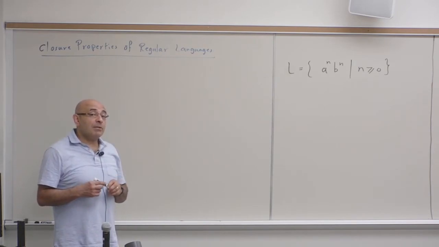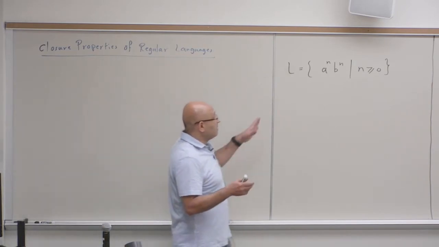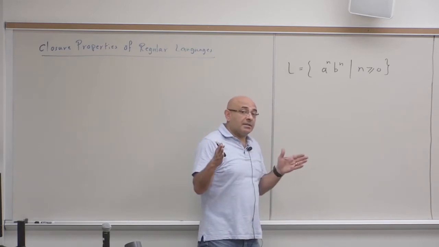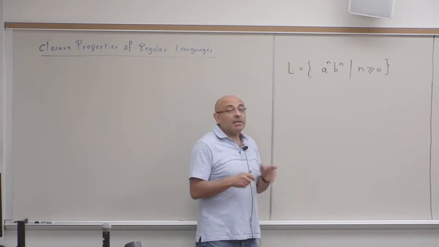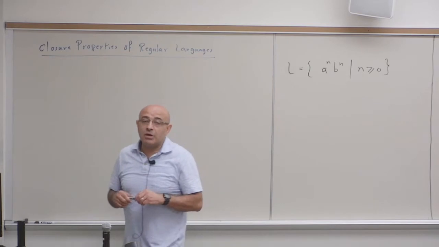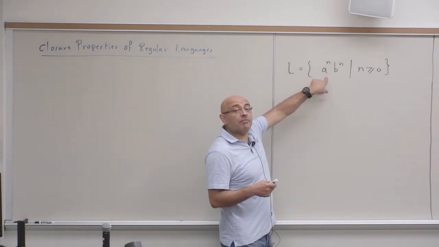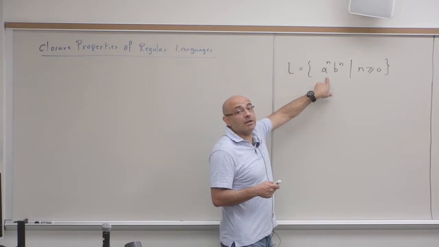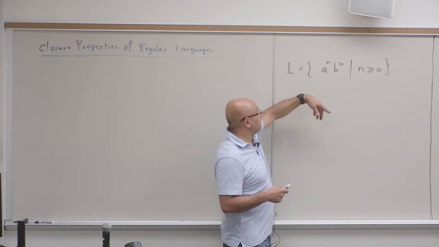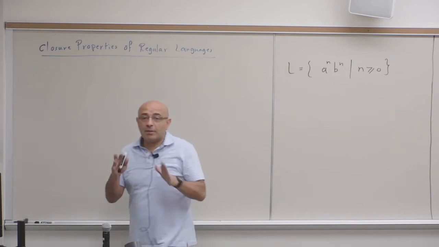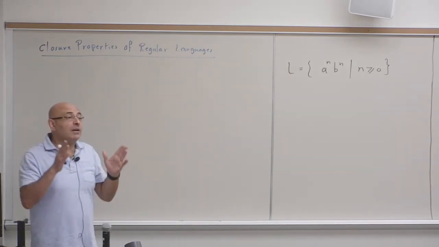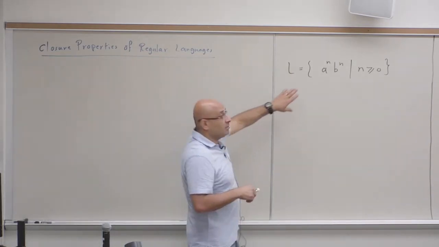If you think about it, you can have a certain number of states to count how many a's you have seen. But now this will no longer be a finite automaton, because you should do it for an arbitrary number of a's and an arbitrary number of b's. Like if this is 1,000, you can count 1,000. But for an arbitrary number of a's or b's, you can't do it.